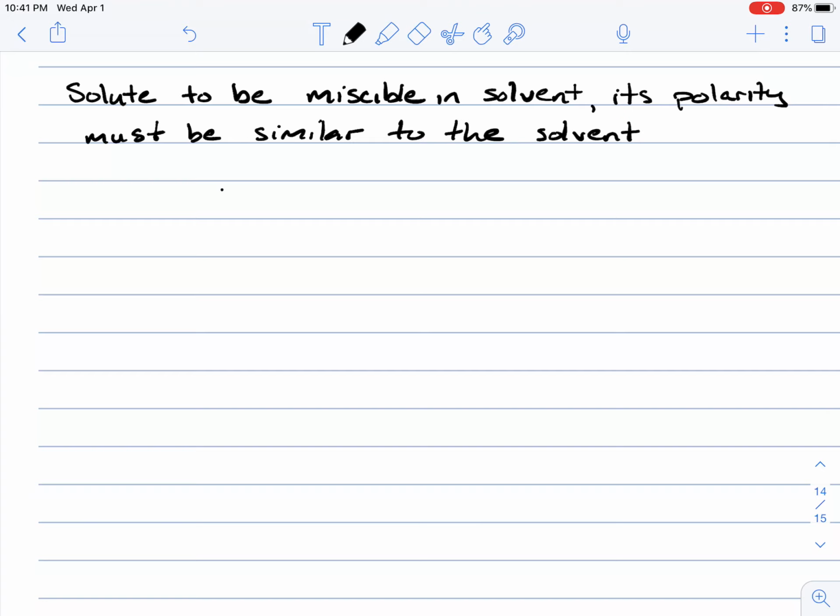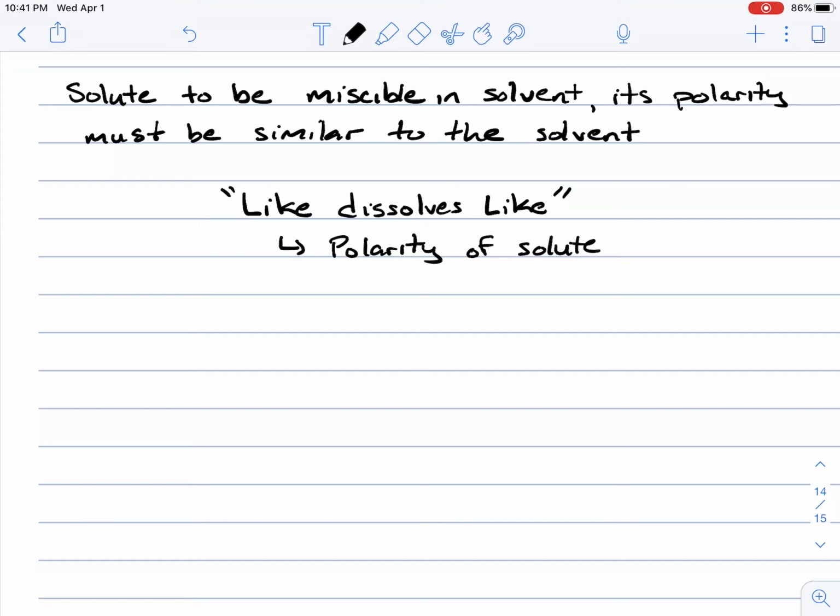And so the idea of like dissolves like is going to be our driving force to explain how the polarity of the molecules, the polarity of the solute, allow it to be dissolved or not dissolved in solvent.